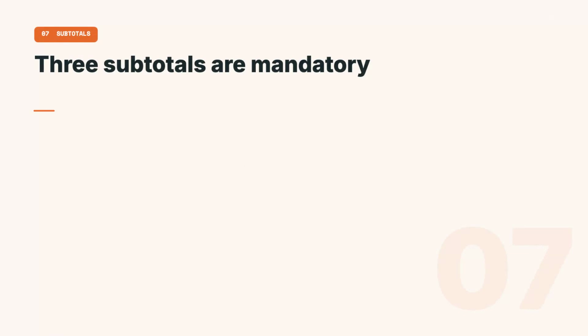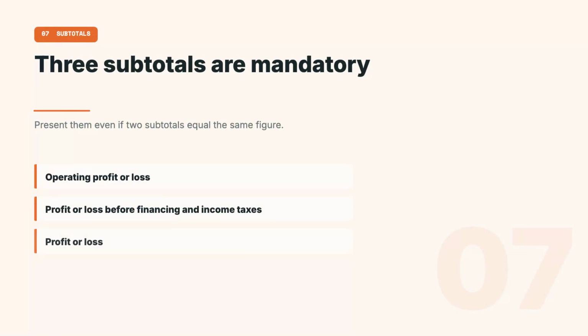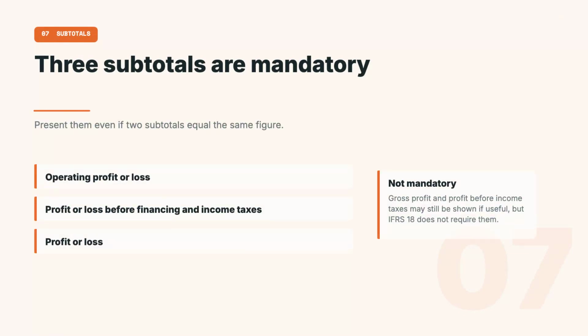IFRS 18 makes certain subtotals mandatory in the statement of profit or loss. Operating profit or loss. Profit or loss before financing and income taxes. And profit or loss. These subtotals must be presented even if two of them show the same figure.